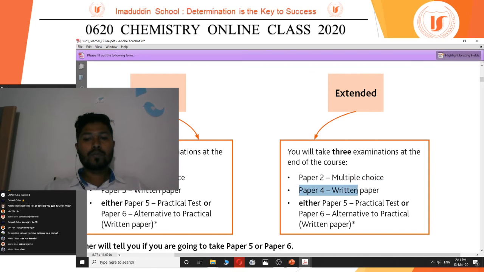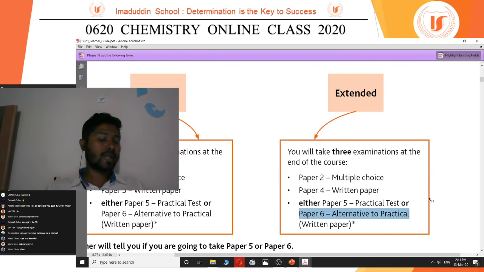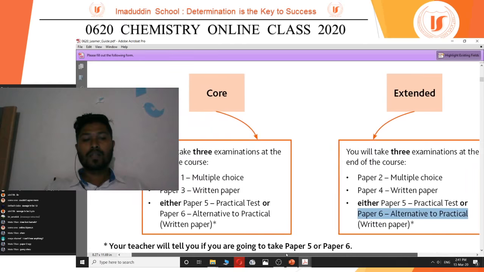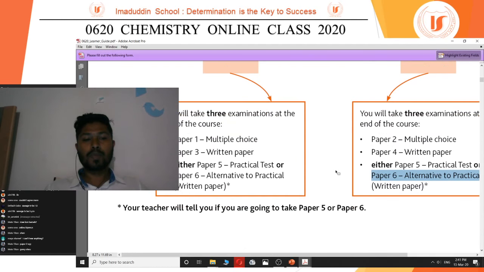Paper 4 is the written paper, and paper 6, alternative to practical, will be your practical paper. So please make note of this one. When you buy past papers, you have to get paper 2, paper 4, and paper 6. I will go in detail about what all these papers are about and the time allocated. More information will be below.